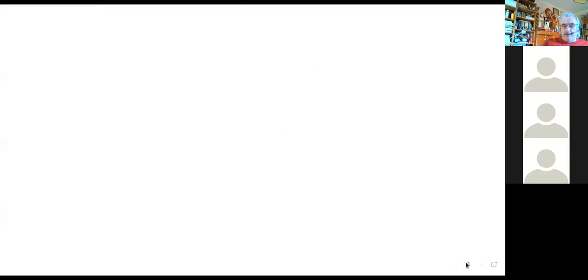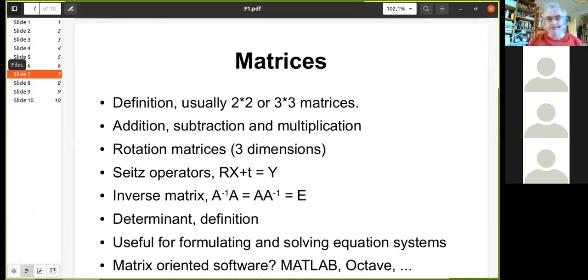Where is my view graph? Here. And one can use these rotation matrices in order to define symmetry operations in something called Seitz operator nomenclature.